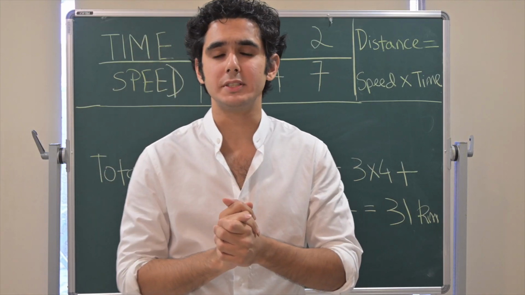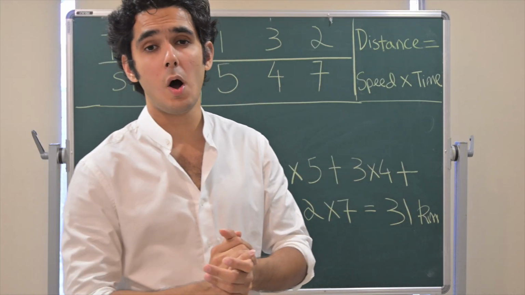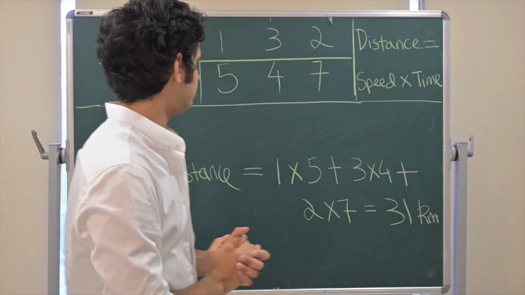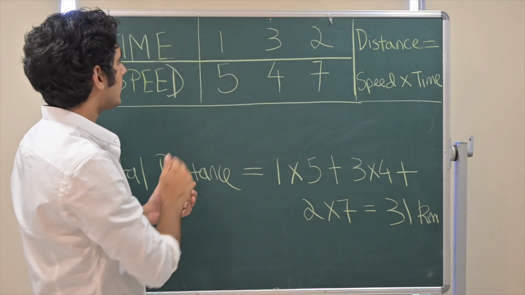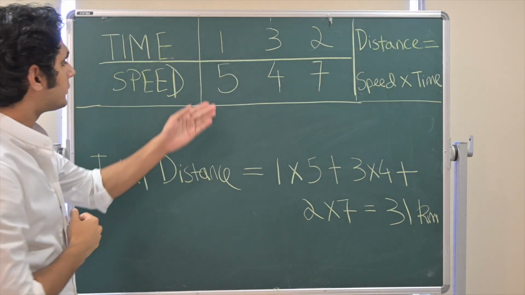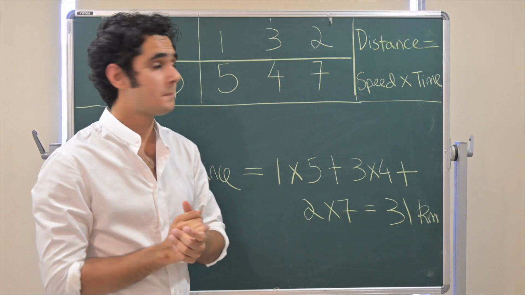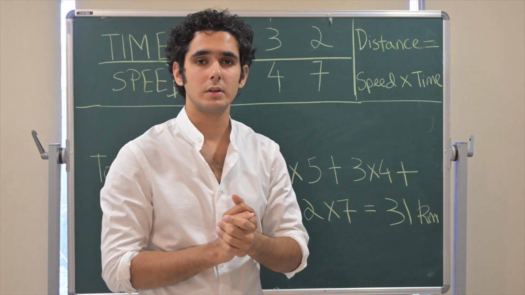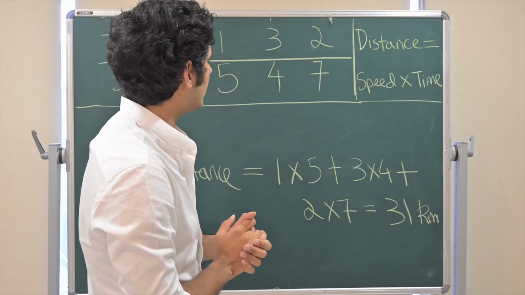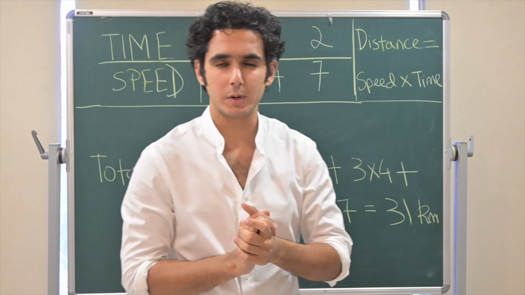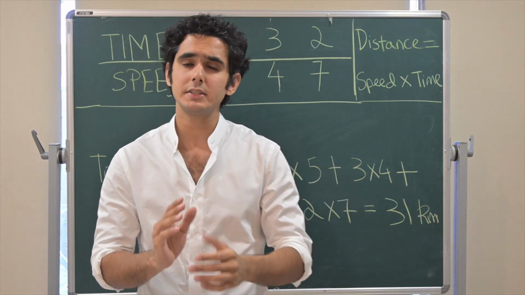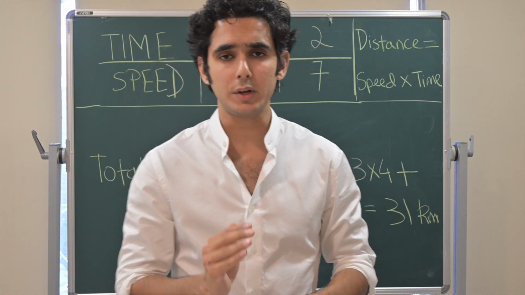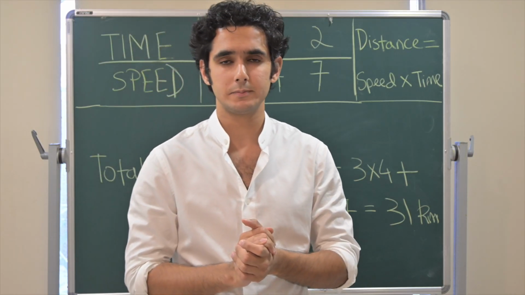Now let's imagine that we have taken a long bicycle ride, where for the first hour, we ride at a speed of 5 kilometers per hour. For the next 3 hours, we're at 4 kilometers per hour. And for the last 2 hours, we're at 7 kilometers per hour. The question is, what is the total distance that we covered?